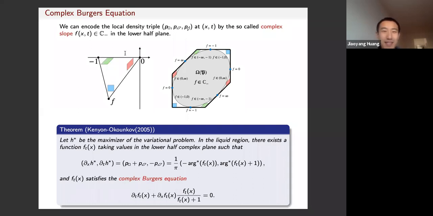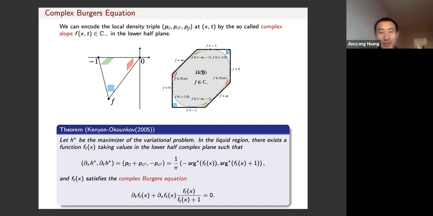This angle is pi times the density of the green, and this is pi times the density of the red. Inside the liquid region, you have all types of lozenges, so those densities are positive, so f must be in the lower half plane.